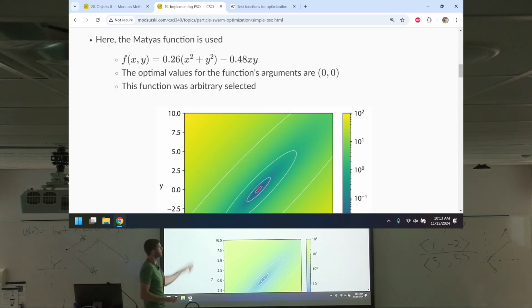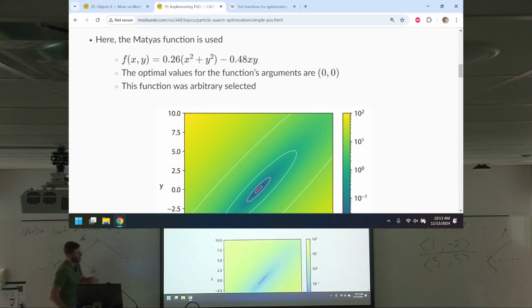It's a two-dimensional problem where the third dimension will be f of x and y. I'm guessing this is a minimization problem. Yeah, it's a minimization problem. I want to find the x and y values that minimize this function. The best answer is 0, 0. We're dealing with floating point numbers, meaning you're not going to find exactly 0, 0, but the best answer is 0, 0.